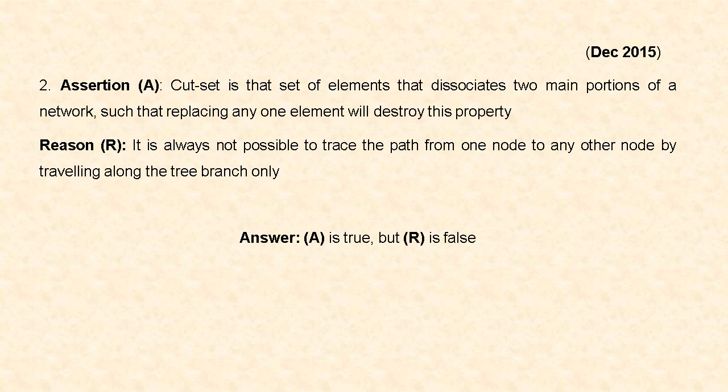Here assertion is true because cut set is the set of elements that divides the portion of the network into two, and if you replace any one element it will destroy this property. But reason is false because it is possible to trace the path from one node to any other node by traveling along the tree branch only.